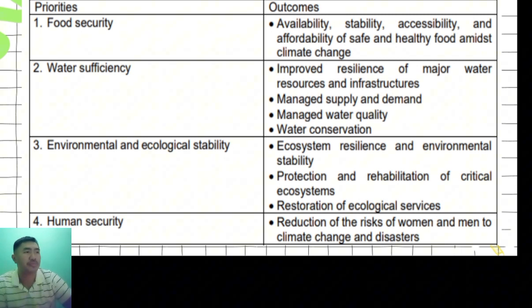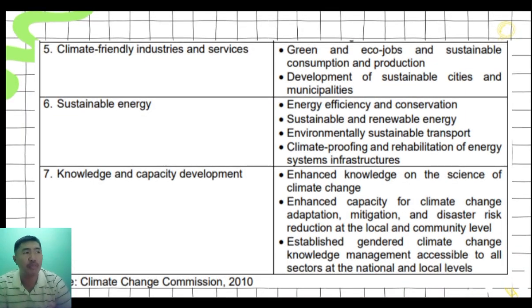So next is climate friendly industries and services. It is one of the priorities because our world, our earth is slowly being damaged, so it is important to promote industries, companies, and businesses that prioritize taking care of the environment.